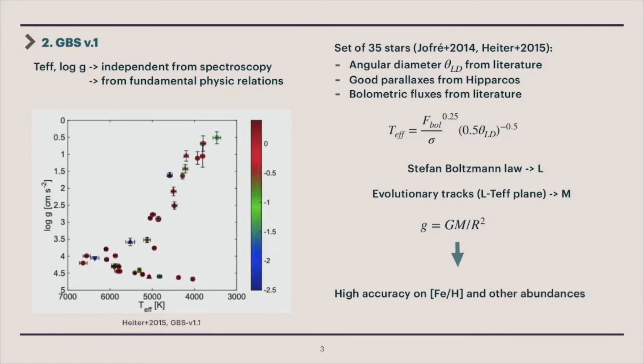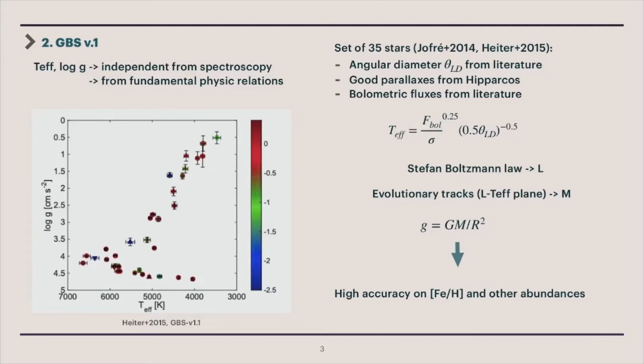The initial data set was composed of 35 stars, for which the stellar parameters, so temperature and gravity, were derived independently from spectroscopy.